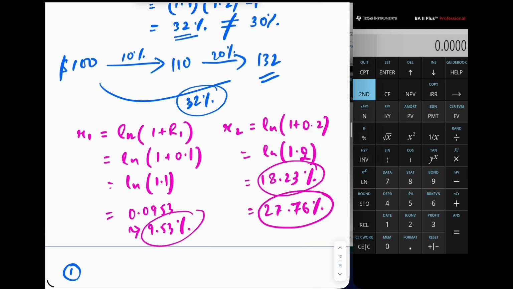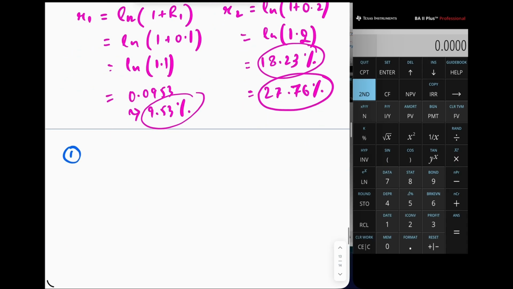Let me validate it in two ways, as I told you. One is: present value is this, future value is this. You remember future value is present value times e to the RT. This was the formula for continuous compounding.